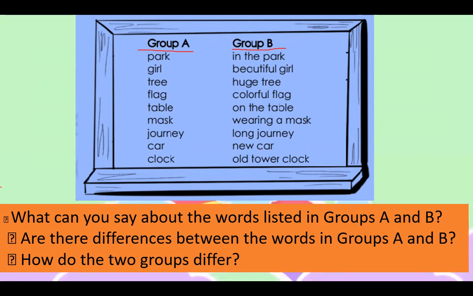Now, by only looking at group A and group B, we could obviously see that here we have some single words. While on group B, we could see one, two, three words.